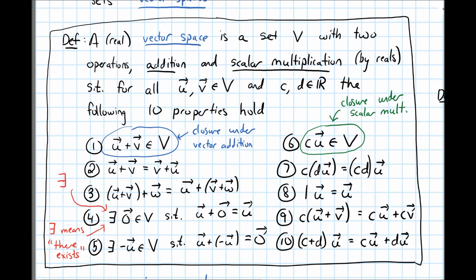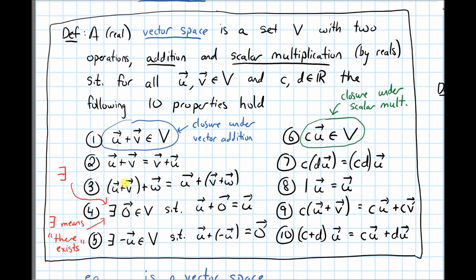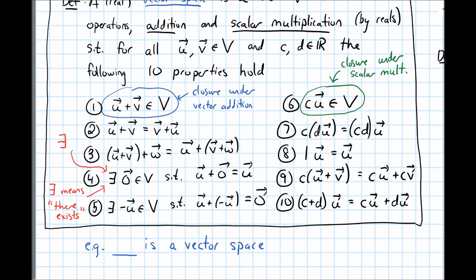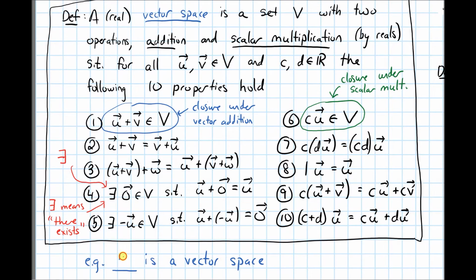A vector space is going to satisfy all 10 of these properties. The thing we've talked about so far in the class that we know as a vector space is Rn. Rn, it turns out, is a vector space. But there are other sets of objects that also satisfy these properties, and we'll talk about some of them later in the video.